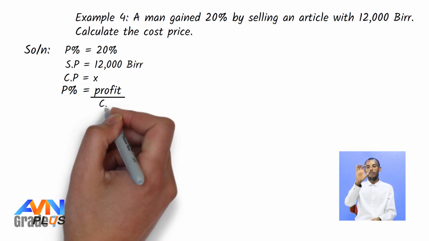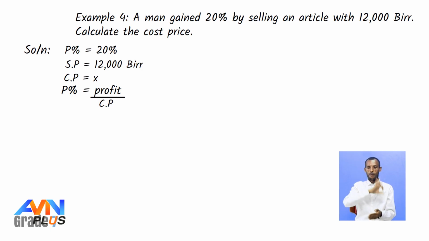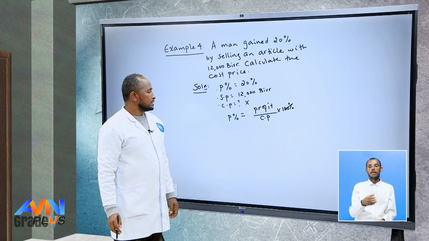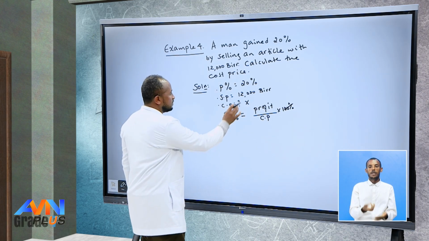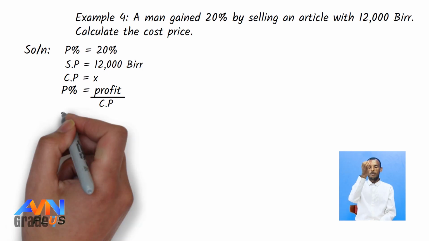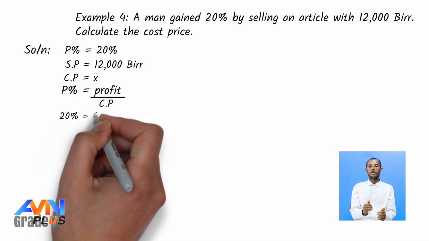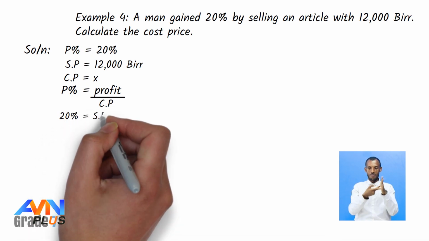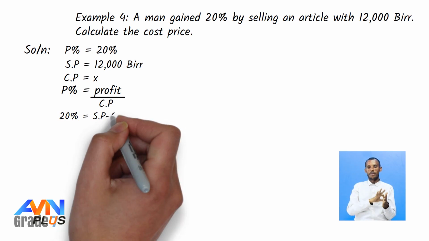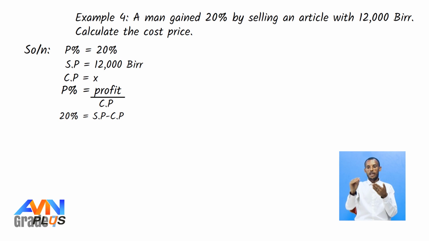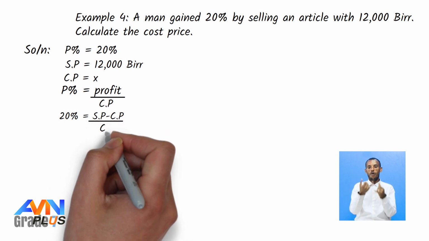But in this case, since profit percent is given, no need of multiplying by 100%. Therefore, here profit percent is this 20%. 20% is equal to profit, and since the selling price is bigger, profit is the difference between selling price and cost price. Therefore, selling price minus cost price over cost price.